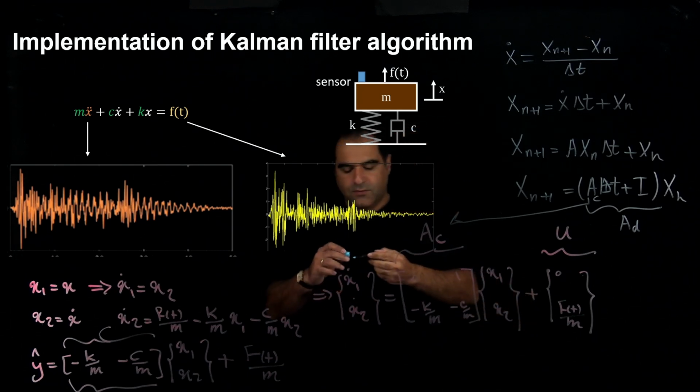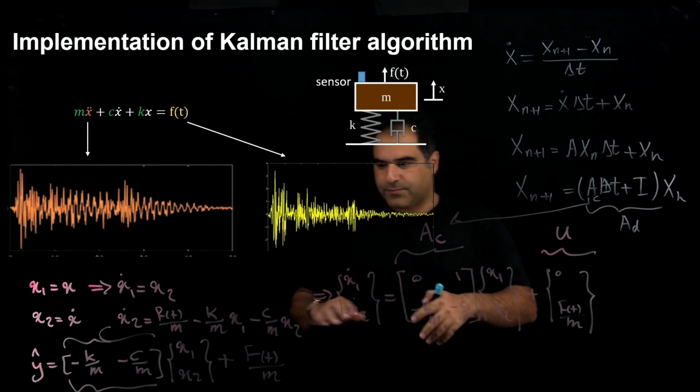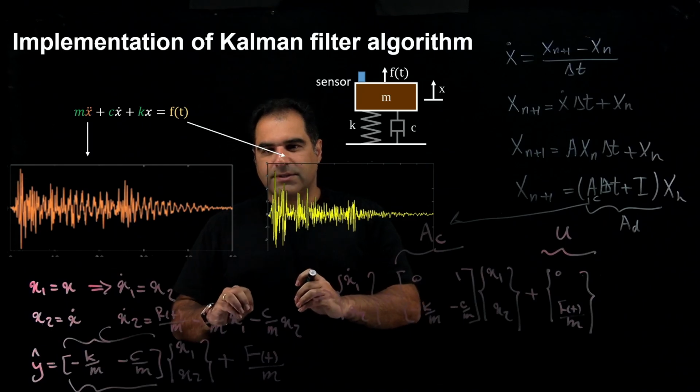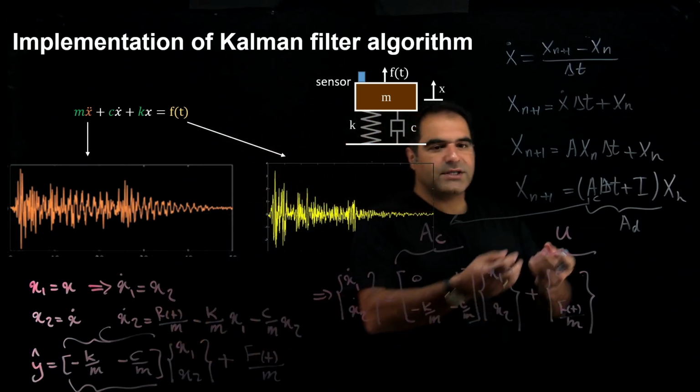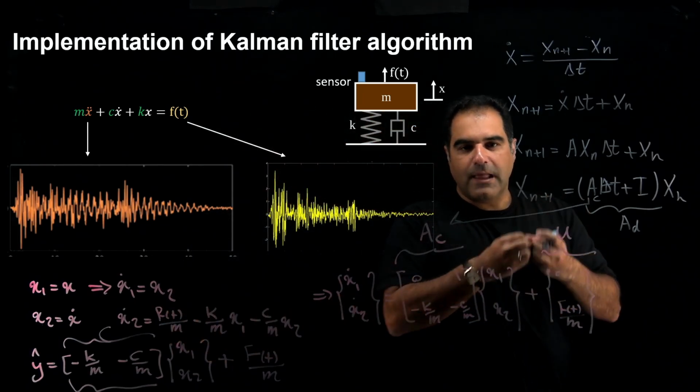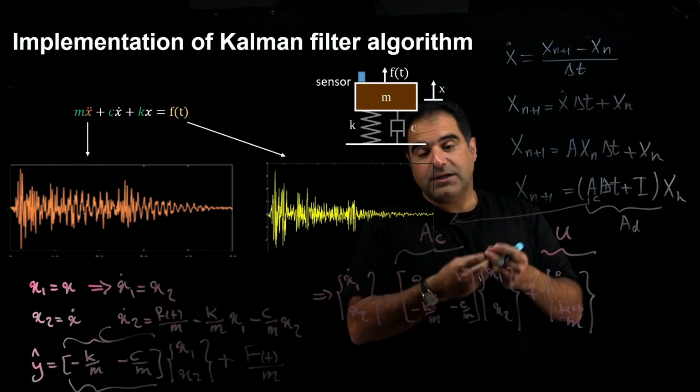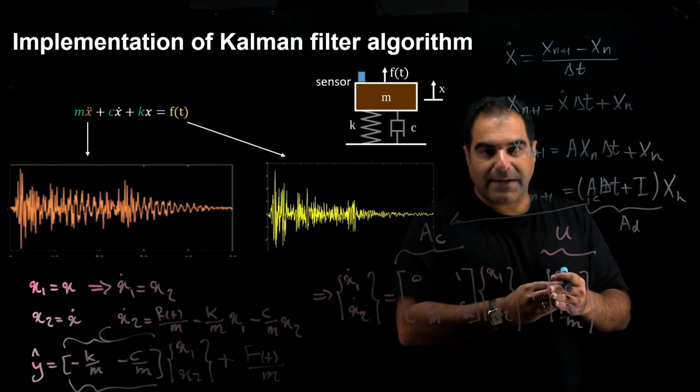Okay. Then once you have the continuous state space representation of the dynamical equation, you need to convert it to the discrete domain. The first option is the Euler scheme to discretize the matrices.